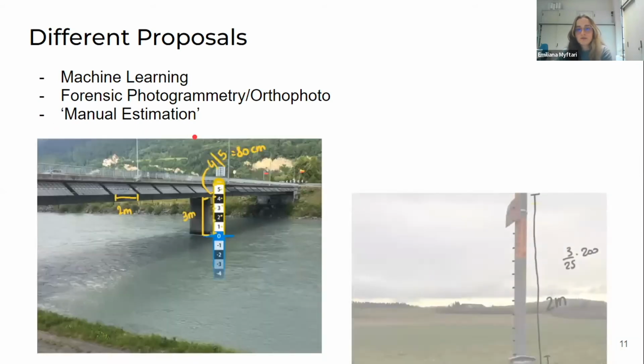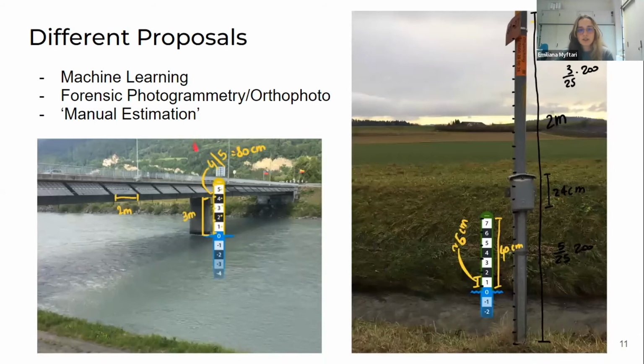So the four of us just looked at the first picture of the 50 stations that we chose at the beginning. And from some objects that we have in the background, we tried to estimate manually the amount in centimeters of each step.